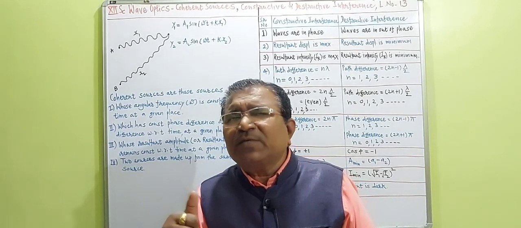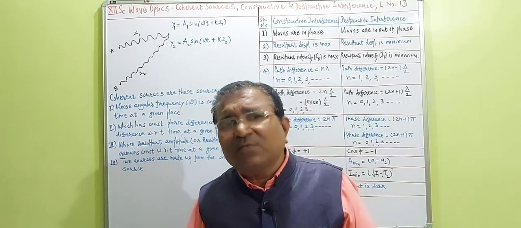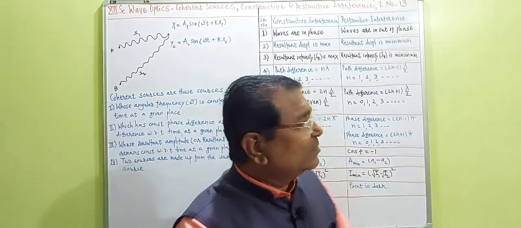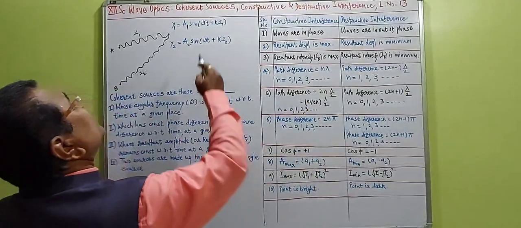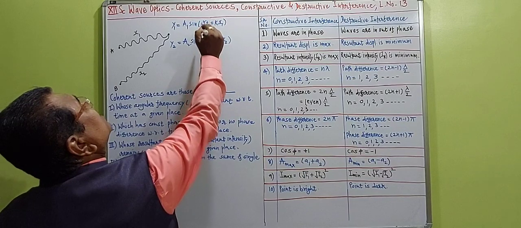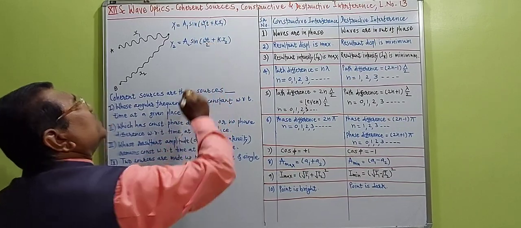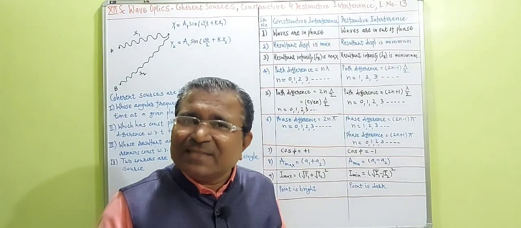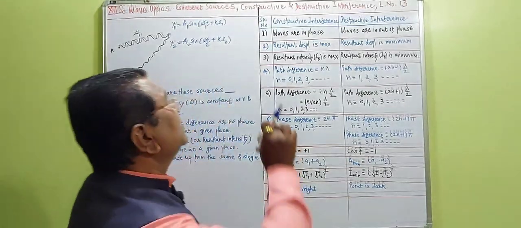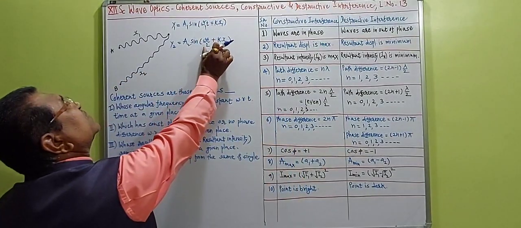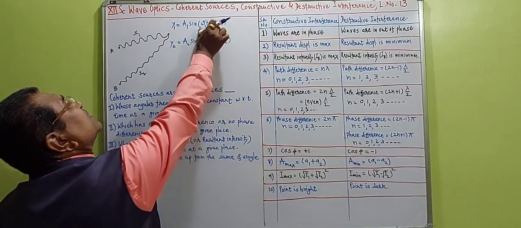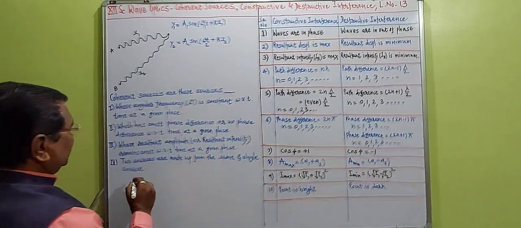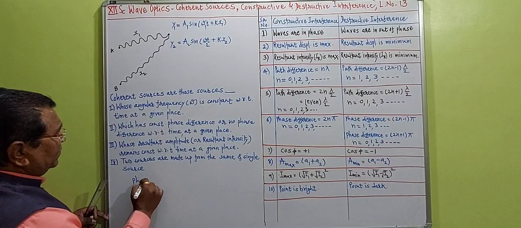Suppose angular frequency is not remaining constant, then what happens? See here. This is omega 1, this is omega 2. What is phase difference? This is a phase, this is a phase. From this phase, subtract this phase. You will get the phase difference.